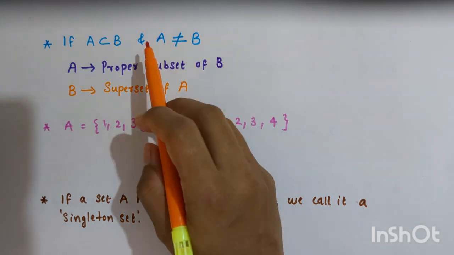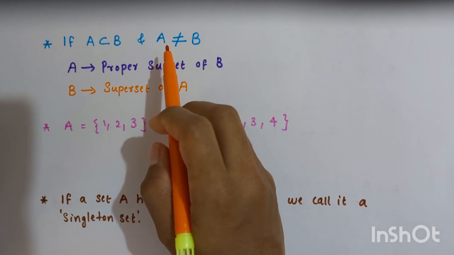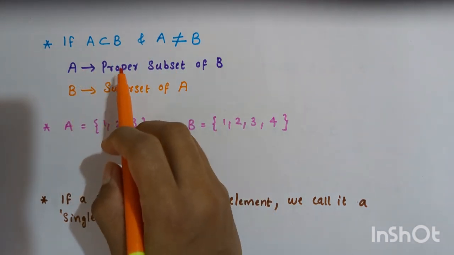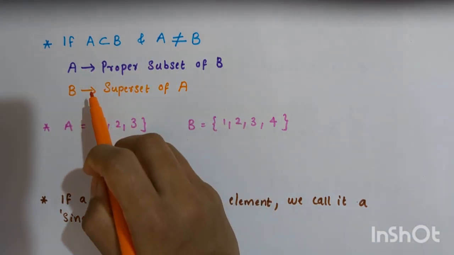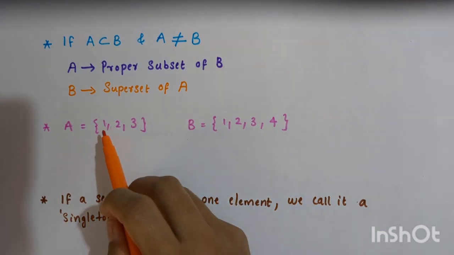That is, the elements are not the same in both the sets. In such a case, A is called a proper subset of B and B is called a superset of A.